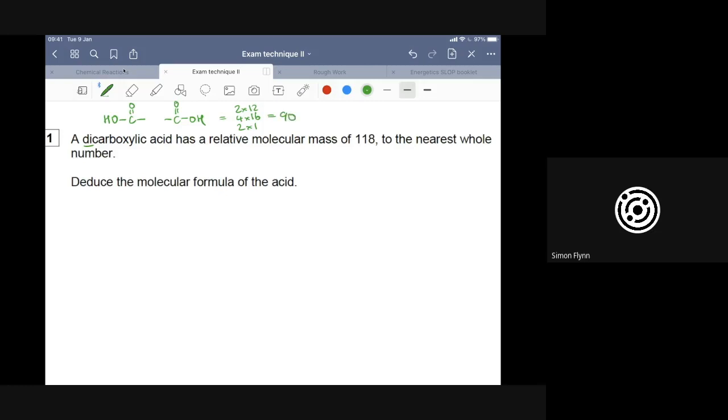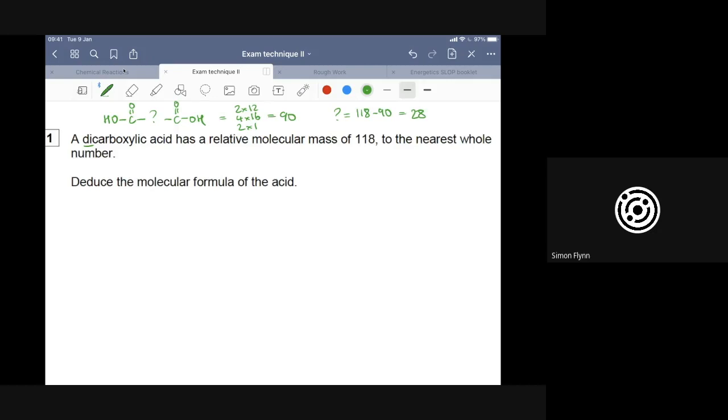Okay, so when we look at trying to work out what's in the middle, that question mark, the question mark equals 118 minus 90. And you think about that, and it's going to be carbons are involved. So we're going to get to 28.